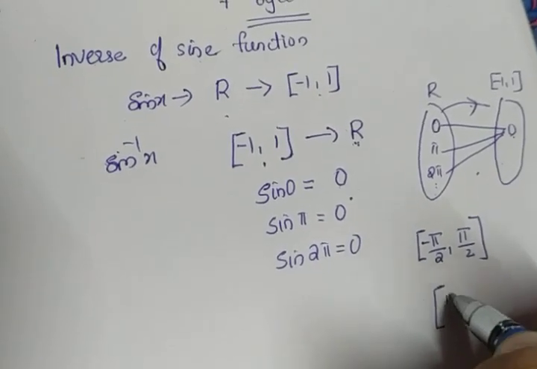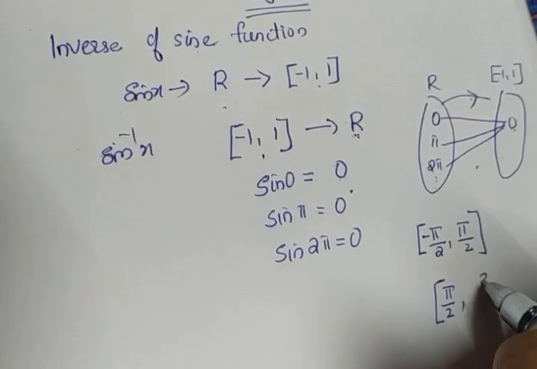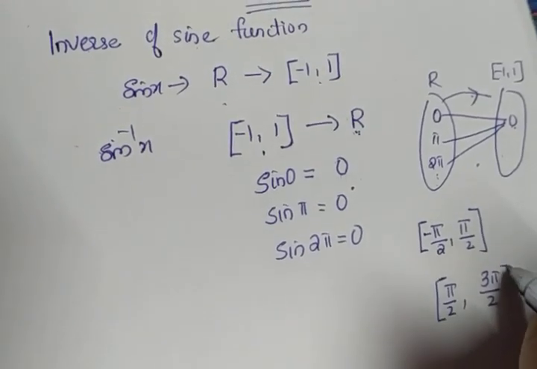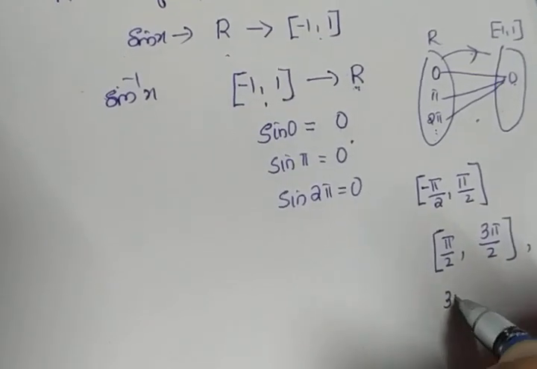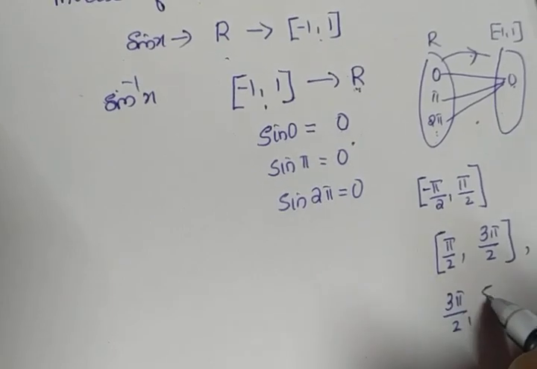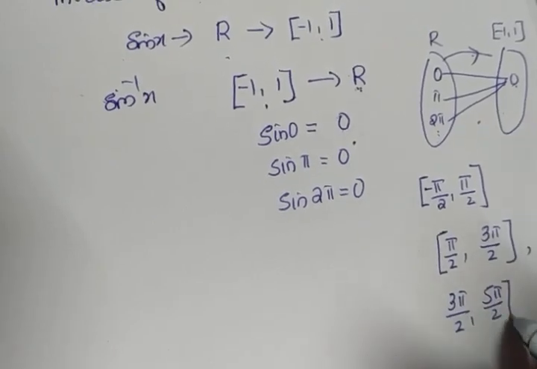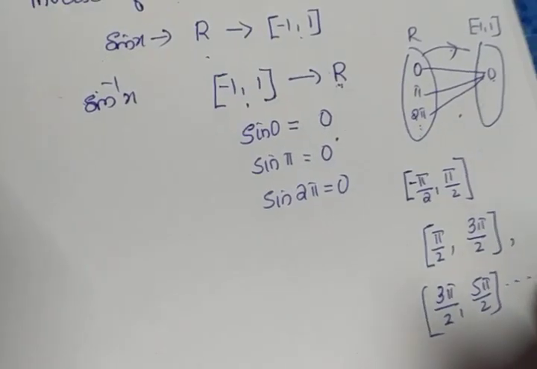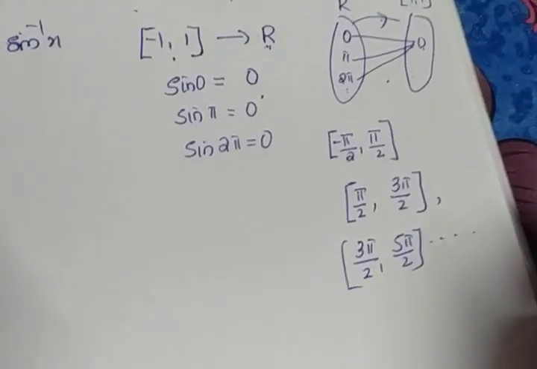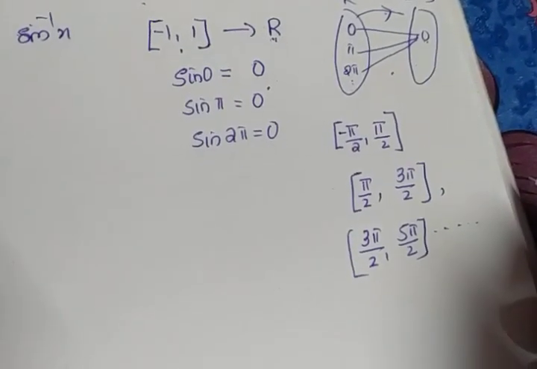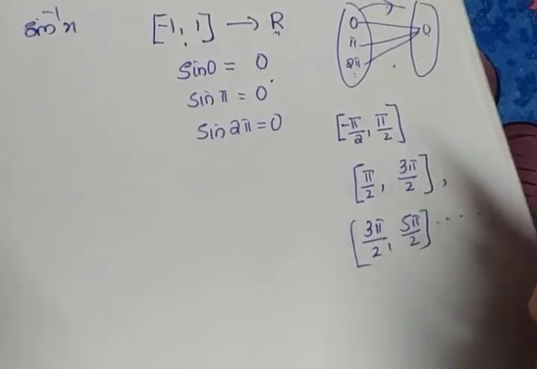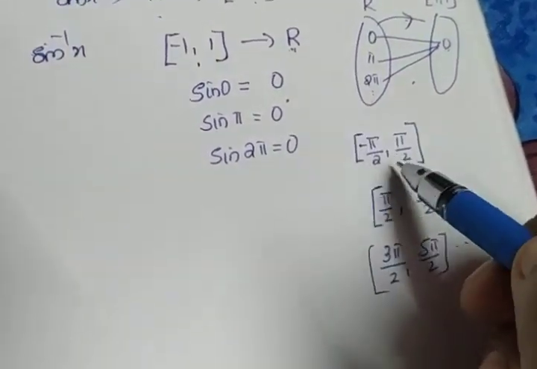Same way, the next interval I can take is pi by 2, 3 pi by 2. The next interval is 3 pi by 2, 5 pi by 2. If I define the sine function in each of these intervals, then sine function is 1, 1 and onto. Then we can have the inverse. So we are restricting the function.